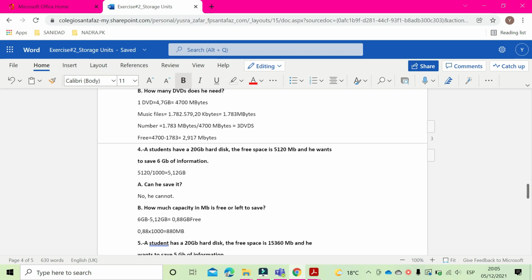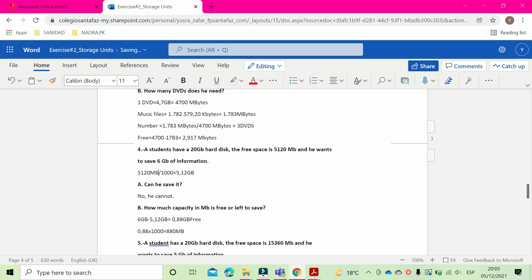The next exercise is, a student has a 20 GB hard disk and the free space is 5120 MB, and he wants to save 6 GB of information. Now we are going to convert 5120 MB into gigabytes.